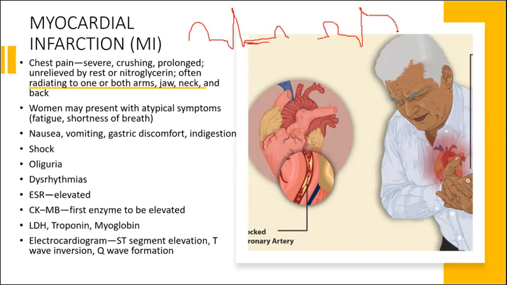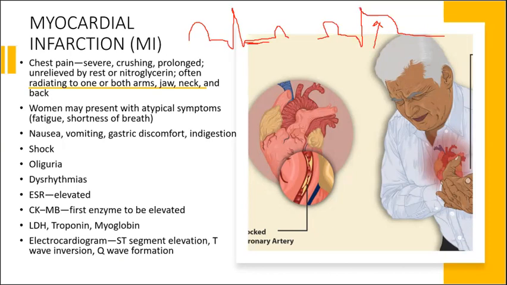Your ST segment becomes elevated. That's what you're looking out for in your clients. If we see this in numerically consecutive leads, maybe V1, V2, V3 showing ST segment elevation, that tells you your client is having a possible myocardial infarction.